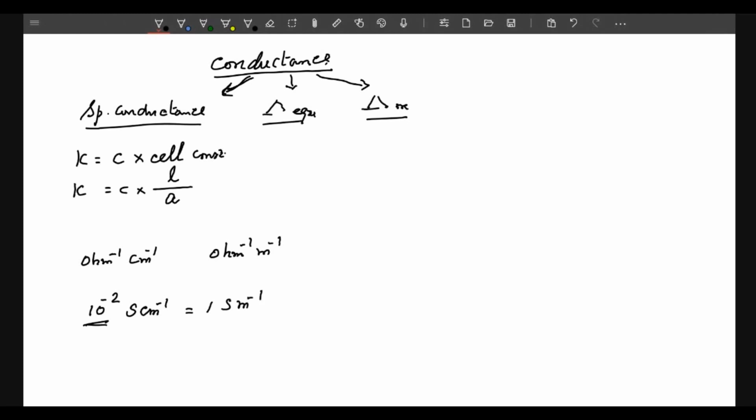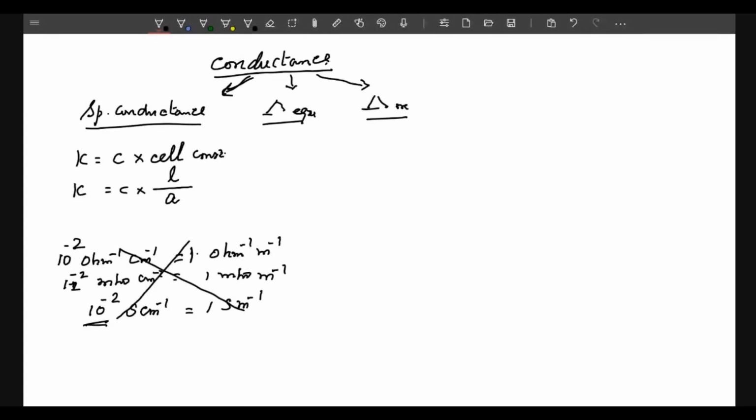This is applicable to per ohm, so 10 power minus 2 mho per centimeter is equal to 1 mho per meter. You can make use of this relationship to convert from one unit to another. This is for the specific conductance.